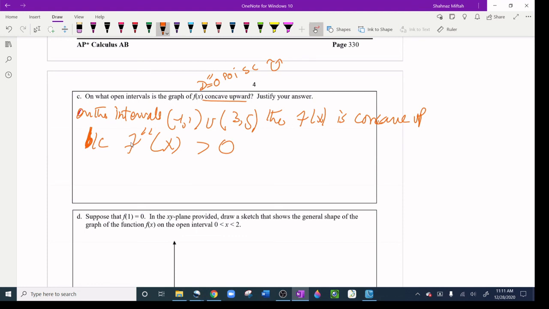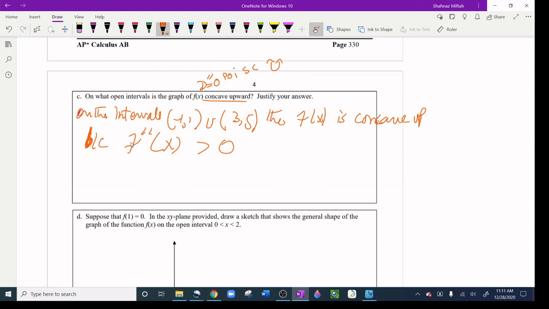So we can keep this f double prime, that's another point, but I have to mention my f prime because f prime x is increasing, and f double prime x is greater than 0. So we know that when f double prime x is greater than 0, then f prime x is increasing and f of x is gonna go concave up. These are the connections, and again on the memorizing page you will see it. So you get 3 points for this.